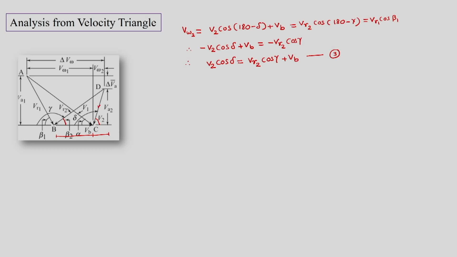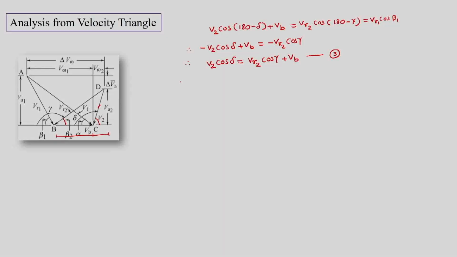Now, we have to make certain assumption about the friction in the moving blades while the flow is taking place. Due to friction, the relative velocity will decrease. So, VR2 upon VR1 is said to be Kb, where Kb is a blade friction factor.